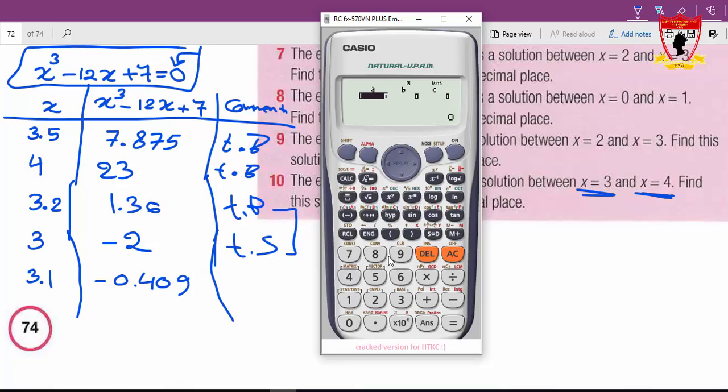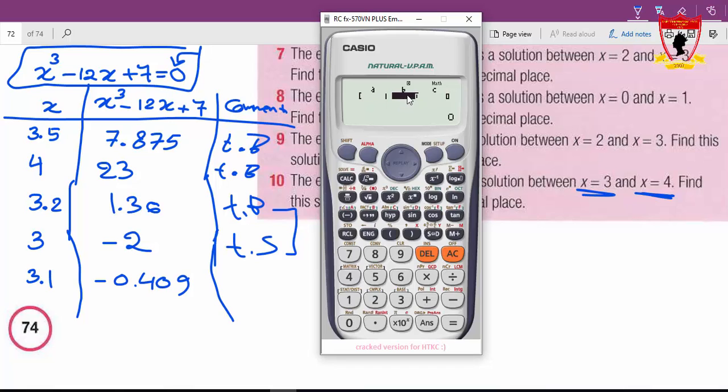Okay, what is a? A is the value which is right in front of x to the power of 3. The coefficient of x to the power of 3 here is 1. Then press equal. B is the coefficient of x to the power of 2.